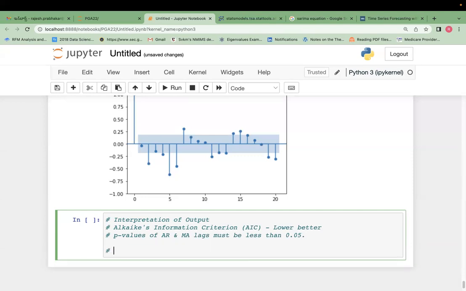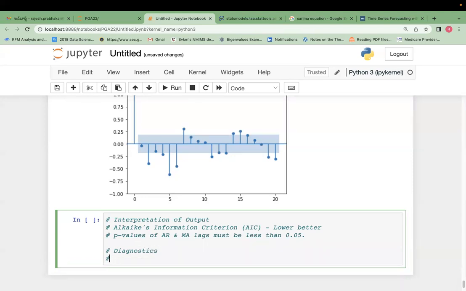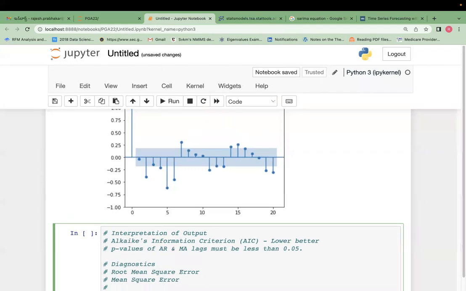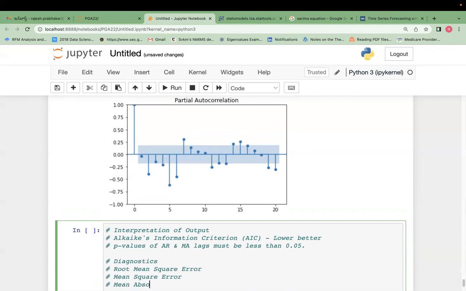And the diagnostics: root mean square error, mean square error, mean absolute error.